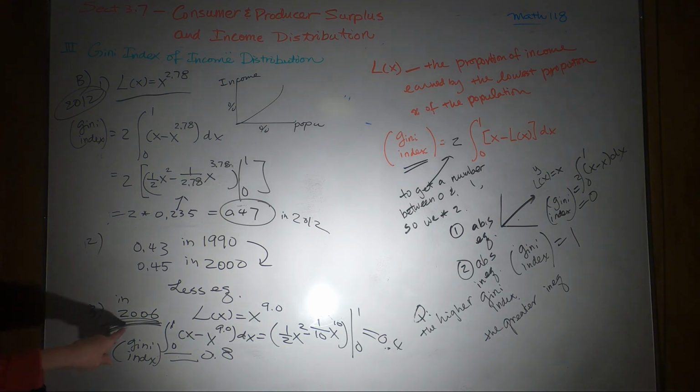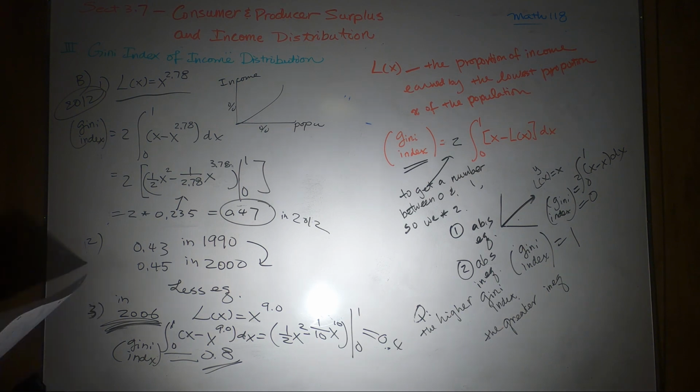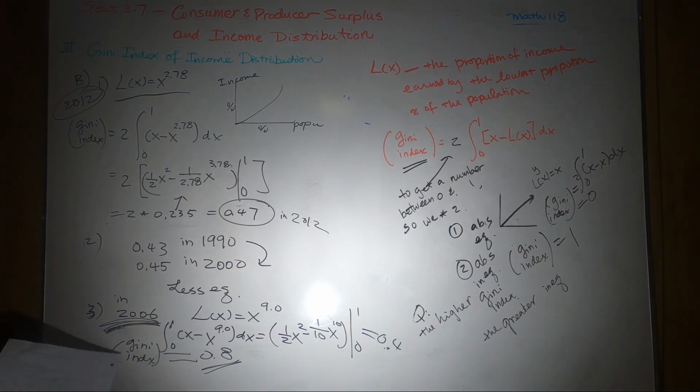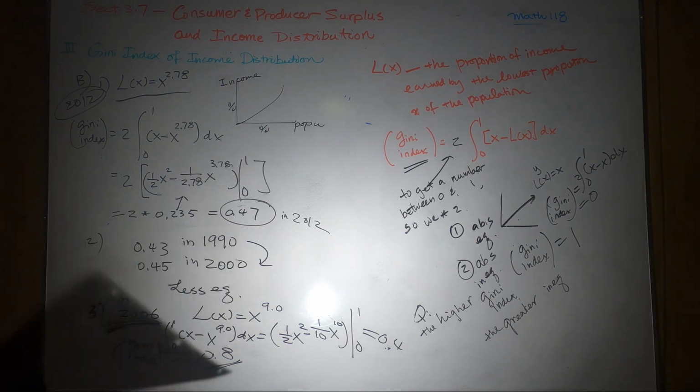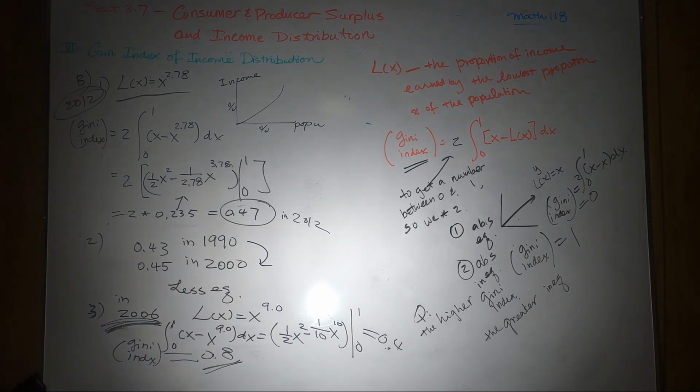How come year 2006 is so high, so unbalanced? We can look at the business magazine for year 2000, or maybe do a Google search for the Gini index from 1990 to 2000 to 2012 and see how accurate the data is.